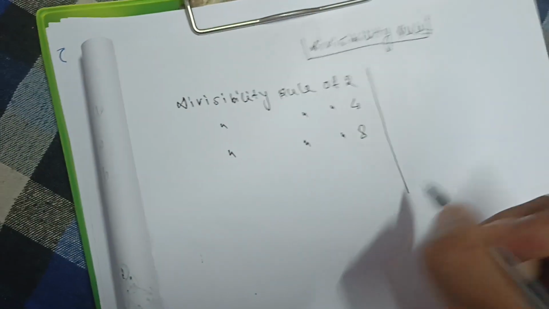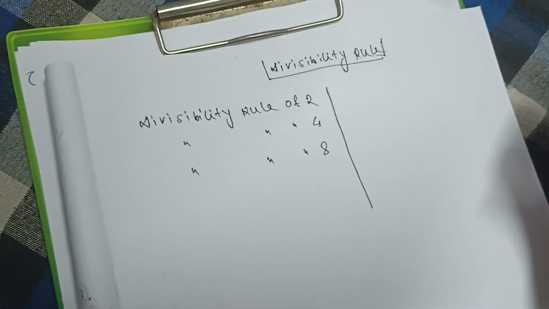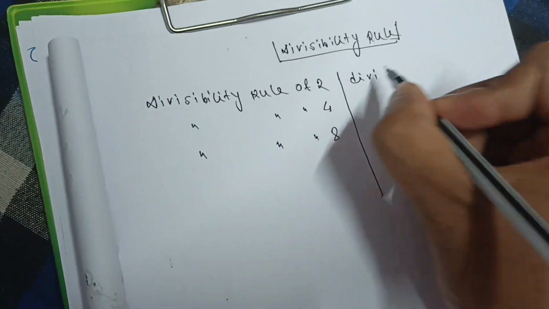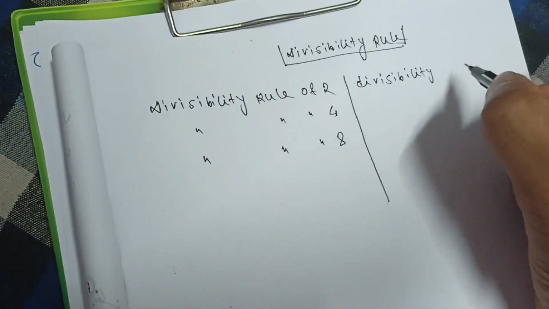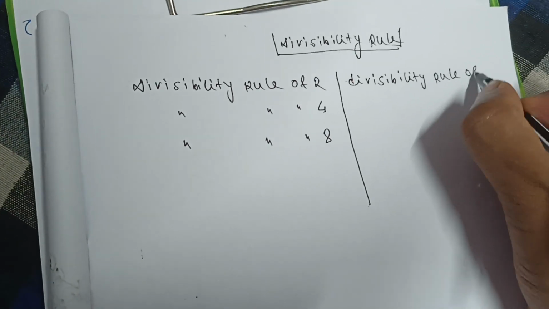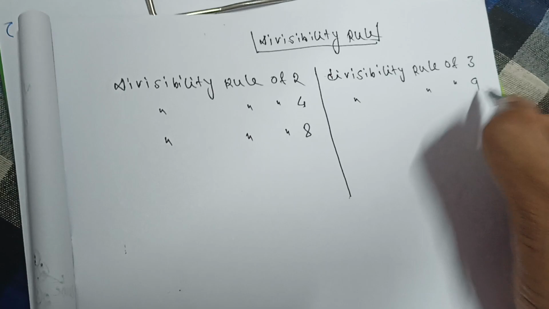But you are thinking, where is the divisibility rule of 3? We will make it another group: divisibility rule of 3, divisibility rule of 9.